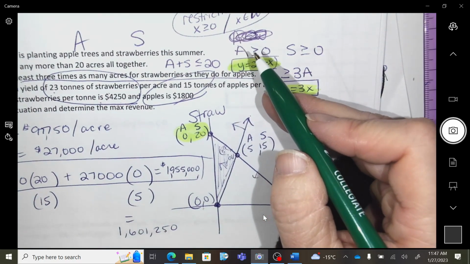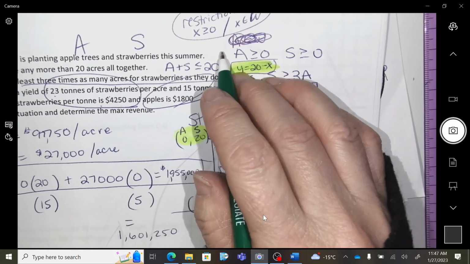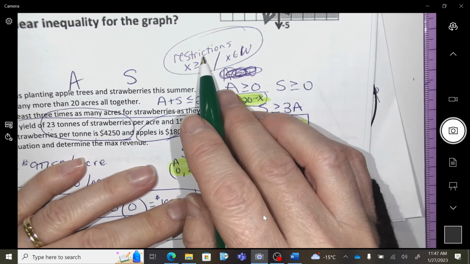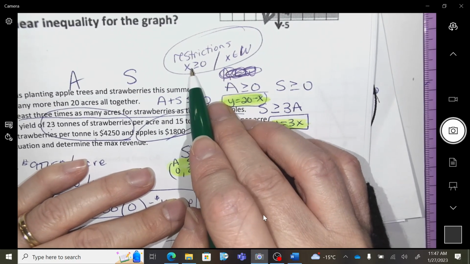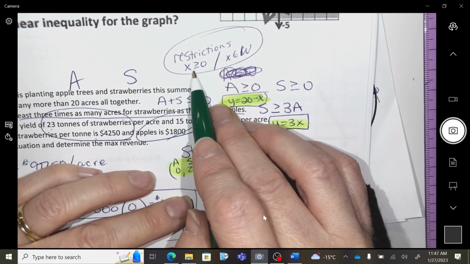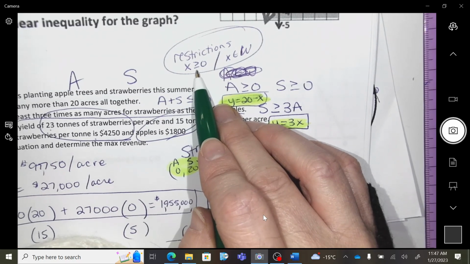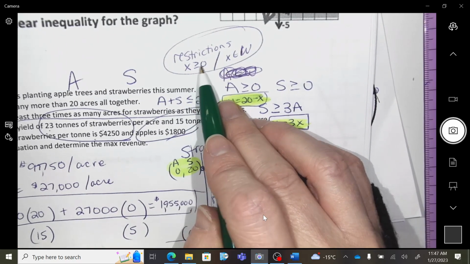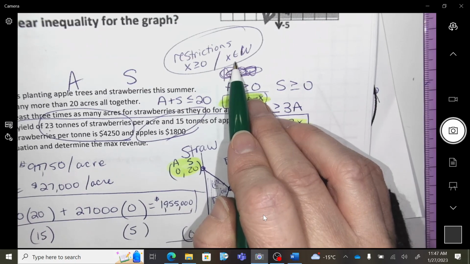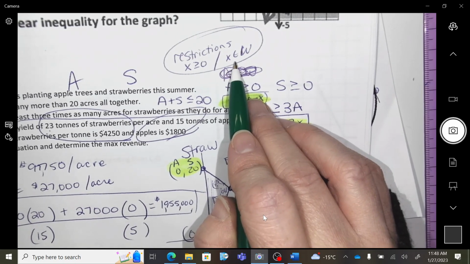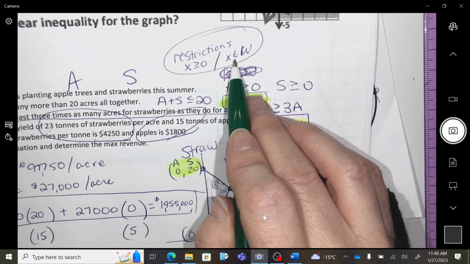Oh, I'm frozen. So this is something I might put on my cheat sheet. Restrictions, you're usually saying your variables are either above or equal to 0, because they can't be negative, or they might have to be whole numbers, like the number of dogs has to be a whole number.